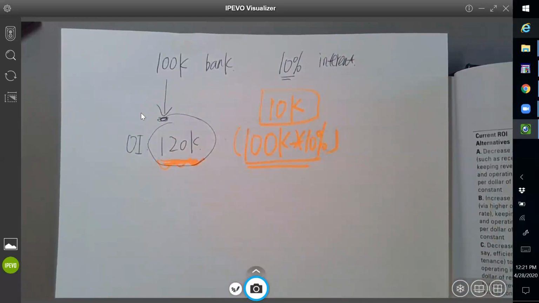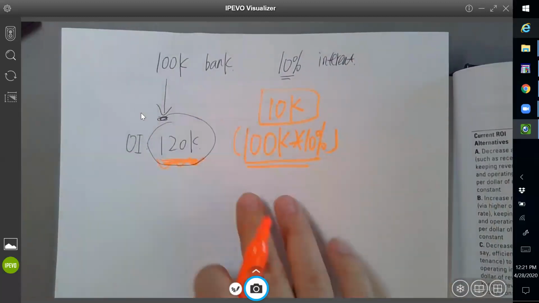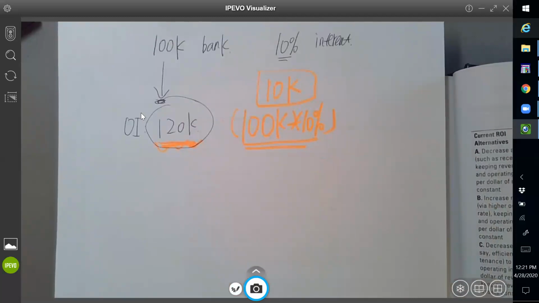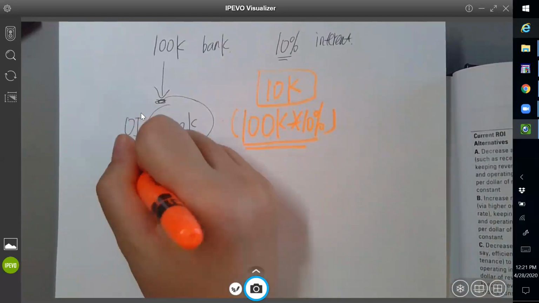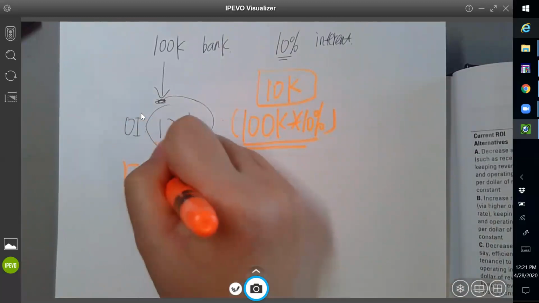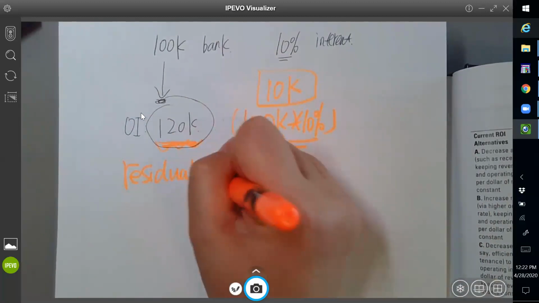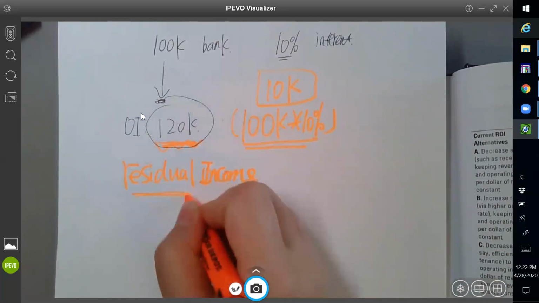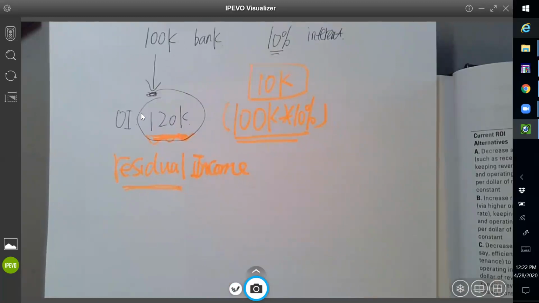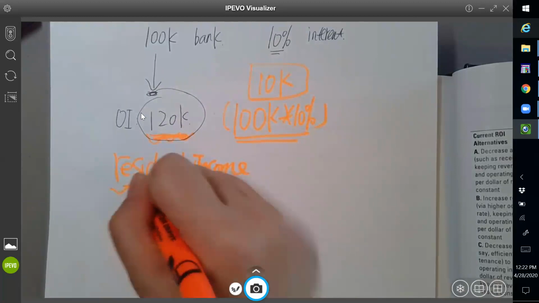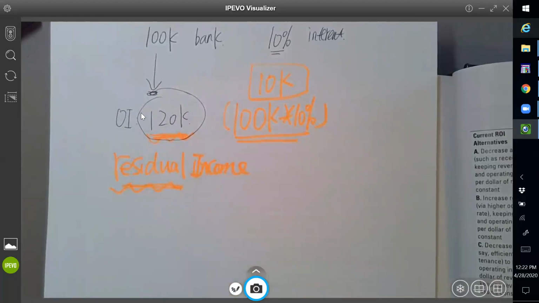So your actual income, the income that is left for you, which is the residual, that's why we call it the residual income. It's the money after you pay the required rate of return on the investment. That's your leftover, that's your residual.